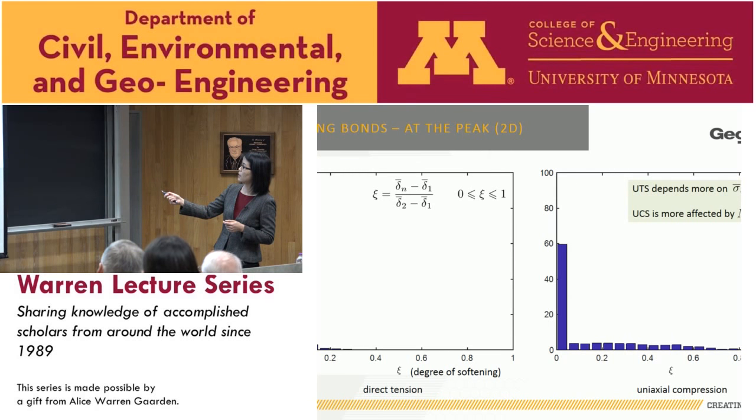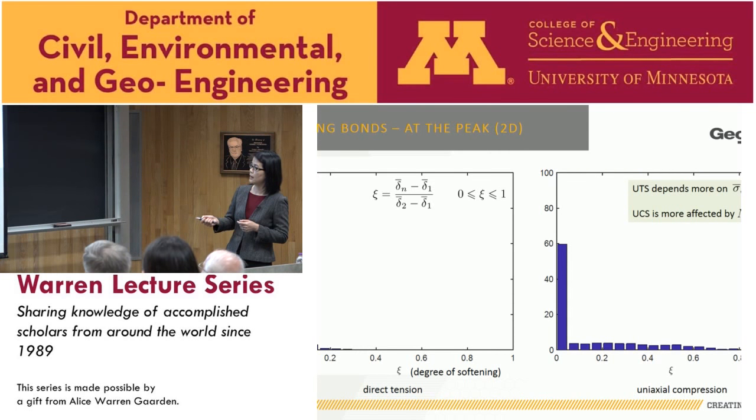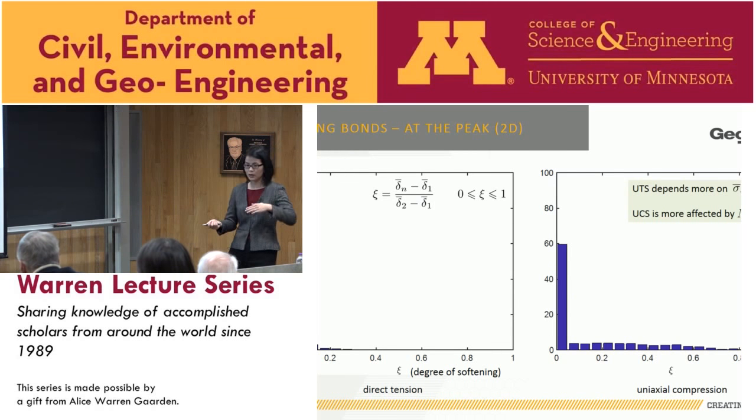We can look at the percentage of softening bonds as a function of the degree of damage, or degree of softening. 1 means it's right at the moment when the softening starts. 0 means the bond has reached the failure criterion, it's ready to fail.